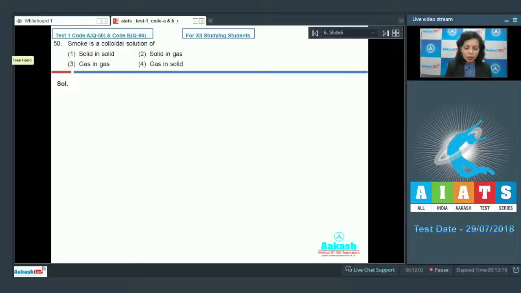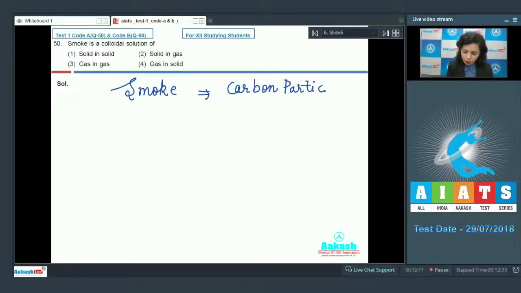Simply in this question, you just have to consider that smoke is given. And we know that smoke is created by the carbon particles which are suspended in air.